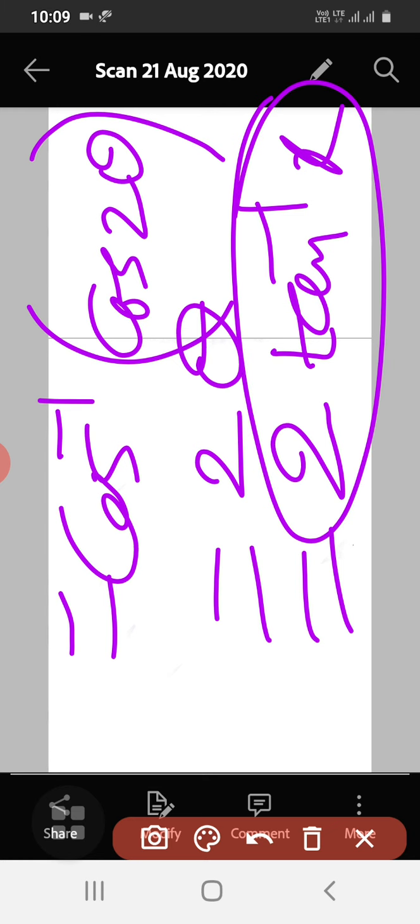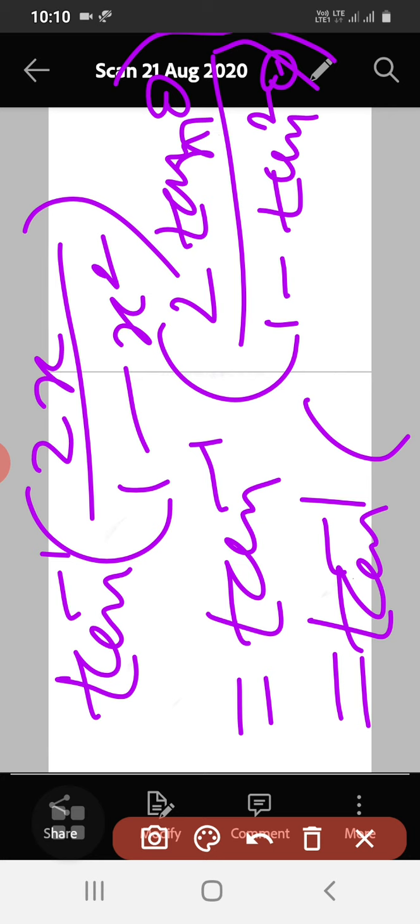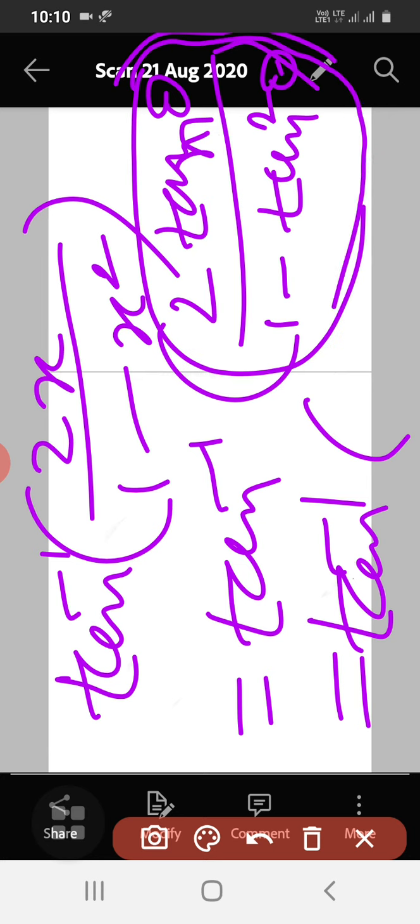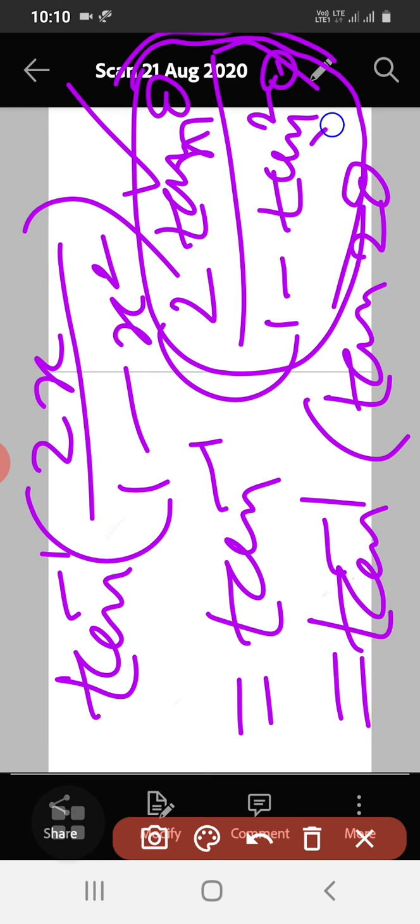I will write this as tan inverse of 2 tan theta divided by 1 minus tan square theta. I am repeating it: 2 tan theta divided by 1 minus tan square theta is the formula for tan 2 theta.